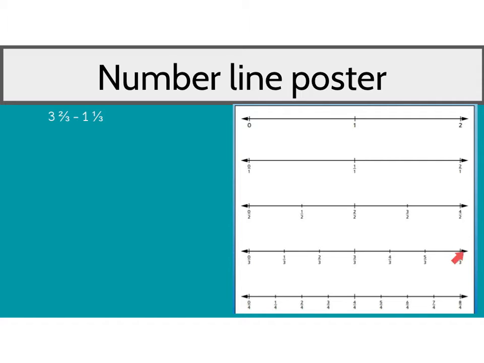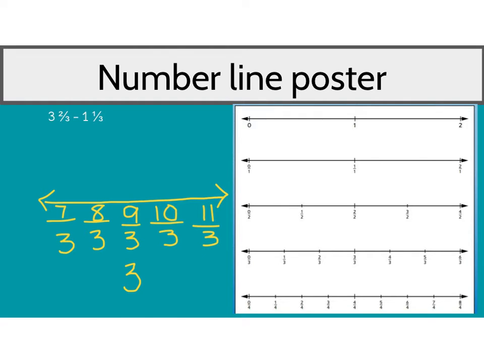So in order for us to find 3 2/3 on your number line, what would that be equivalent to? I know 6/3 is equivalent to the whole number 2. Let's think about what the whole number 3 would be. Anybody have a guess? If we extended this number line past 6/3, we would have 7/3, 8/3, 9/3, 10/3, and 11/3.